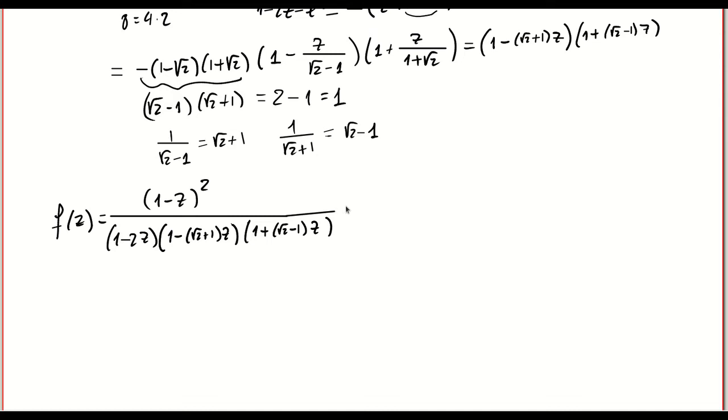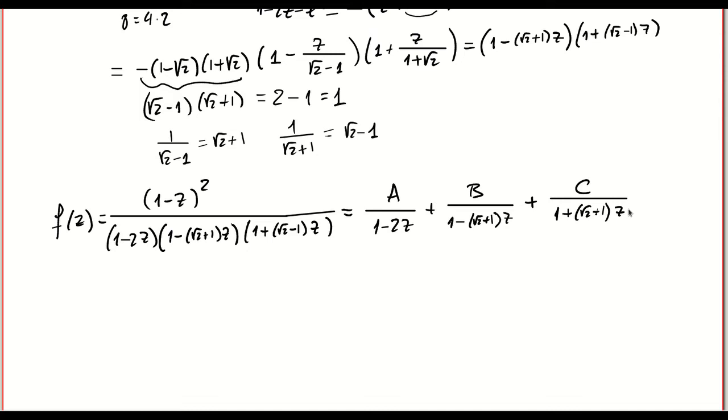And now, as usual, we have to expand this in elementary fractions, one fraction for each of the factors, because all the factors have multiplicity 1 and they have different roots. So one is this, the other one is this, 1 minus (square root 2 plus 1) times z, and this one is c over 1 plus (square root 2 plus 1) times z.